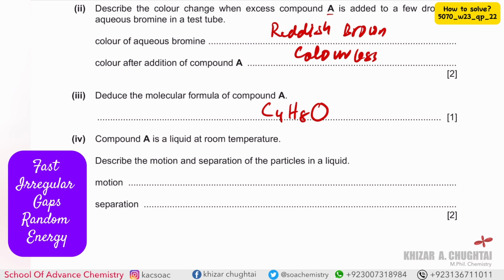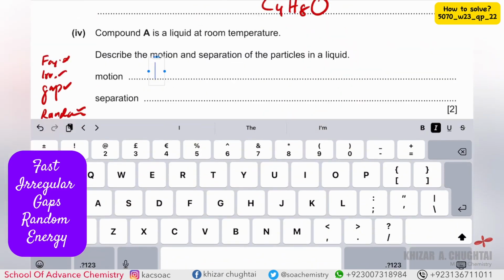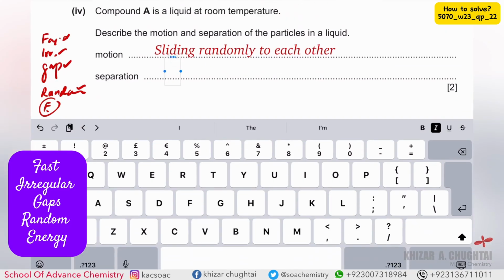So here I'm going to report my answer. I'm going to write the appropriate options over here. Basically, liquid particles are sliding over each other. They are moving randomly, sliding randomly. There are small gaps, or they are close together.